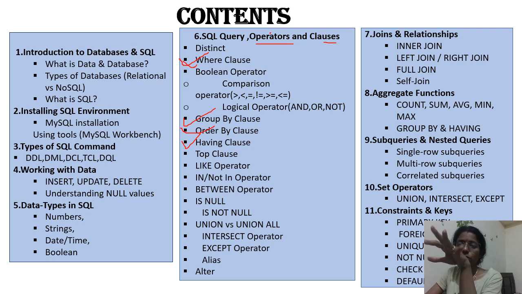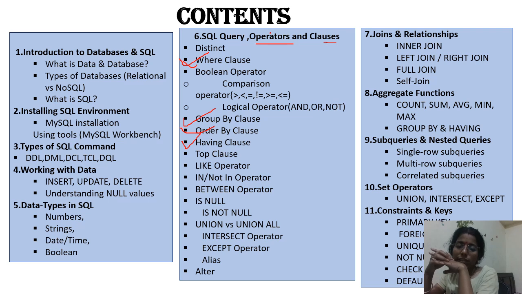So in that case, how we'll use the like operator. Then in or not in operator, then between operator, between means range, from, to, and. Then is null, is not null, then as I mentioned, union, intersection, except.